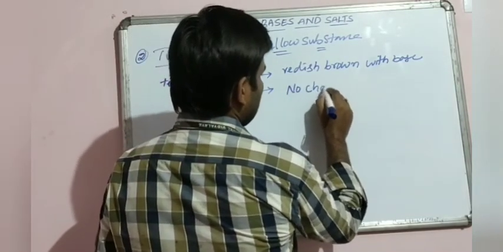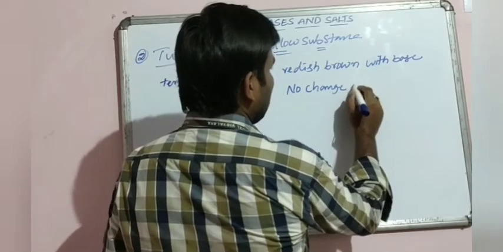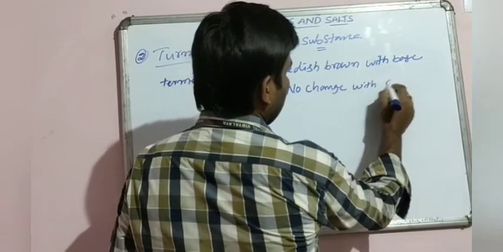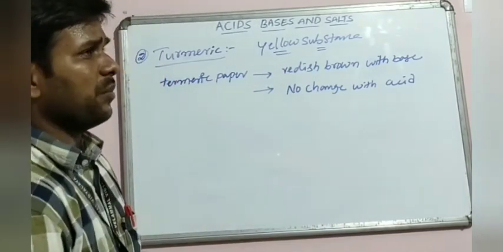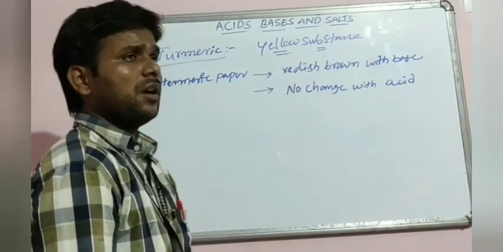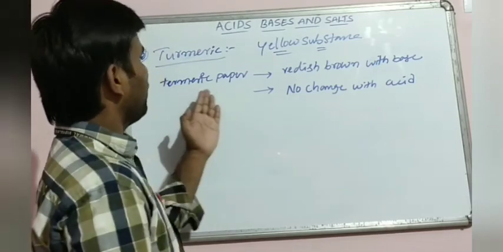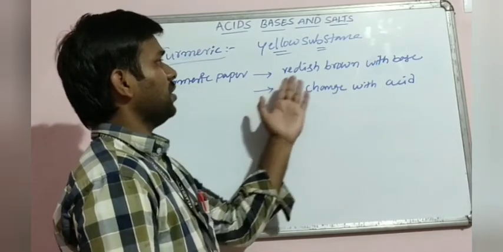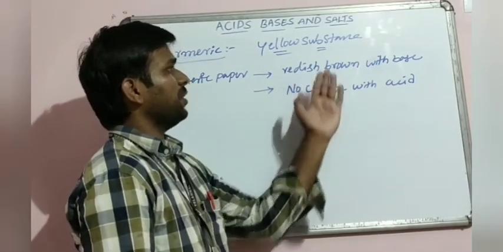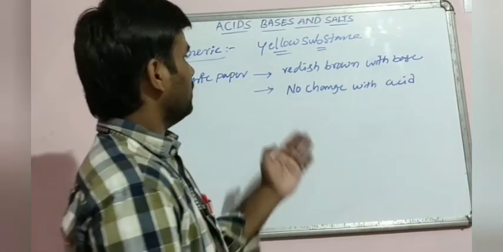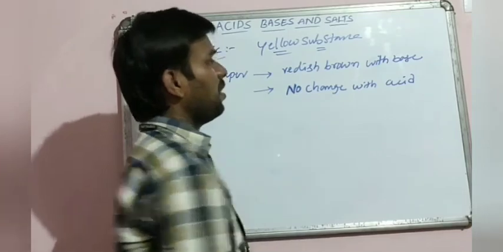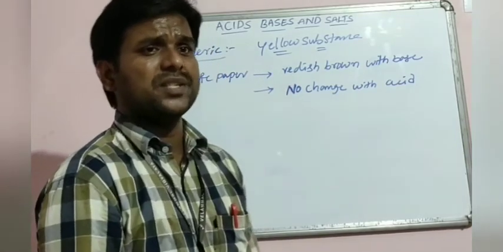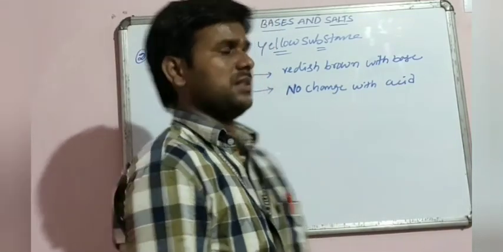The second indicator is turmeric. Turmeric is a yellow color substance. This turmeric paper or turmeric solution with base turns to reddish brown color, and with an acid, no change. That means it remains constant with an acid.